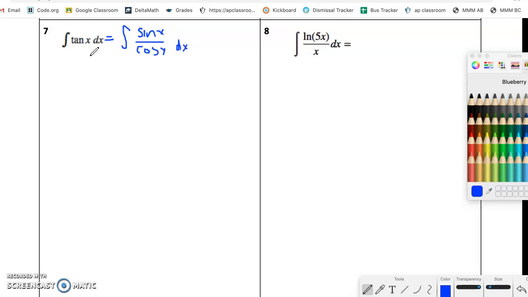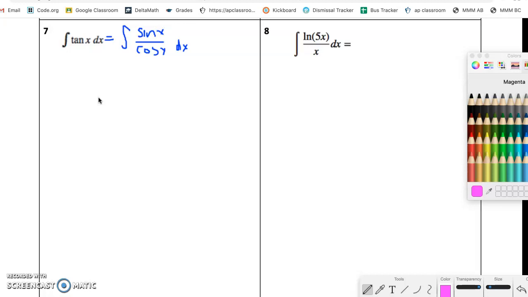Now, from here, I'm saying I see two expressions. Is one the derivative of the other? And I realize, yeah, cos is the derivative of sine.